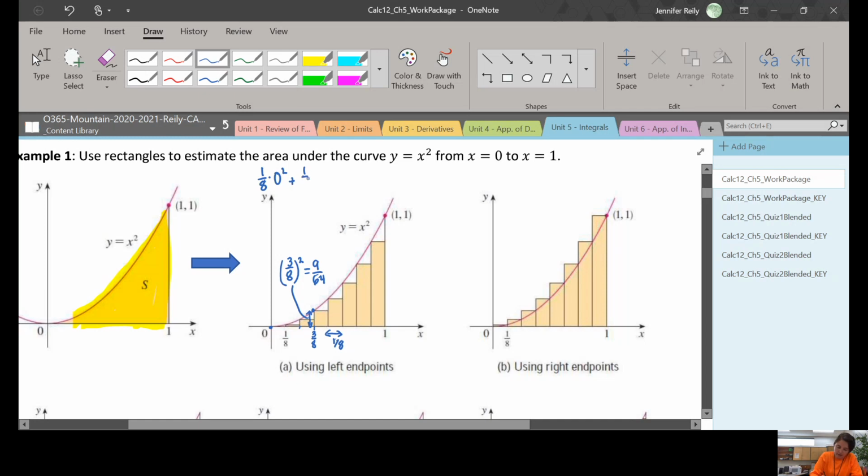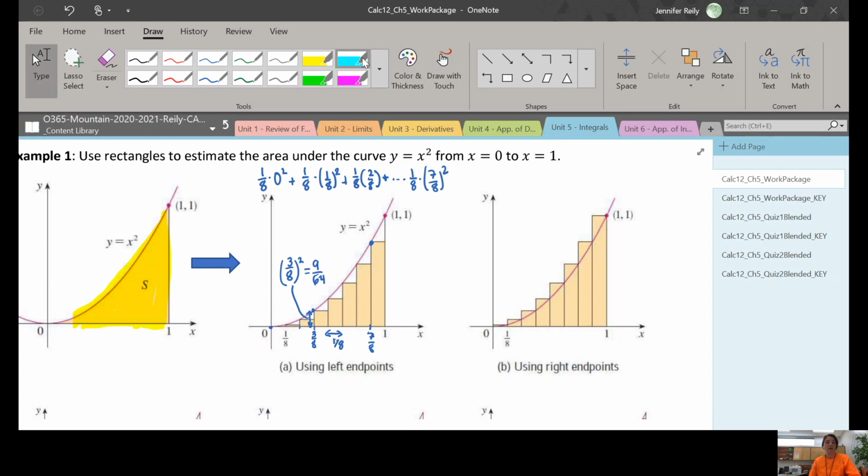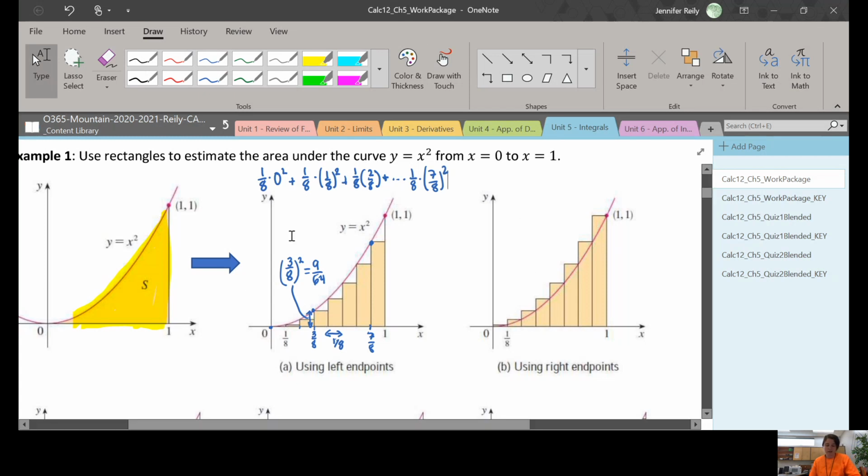The second rectangle would be 1 over 8 squared, plus 1 over 8 times the third rectangle would be 2 over 8 squared, all the way to the end. The last rectangle is at x equals 7 over 8, so it'd be 1 over 8 times 7 over 8 squared. Okay, so that's an expression there for the area under that curve.